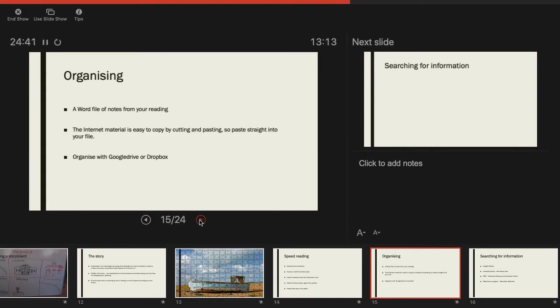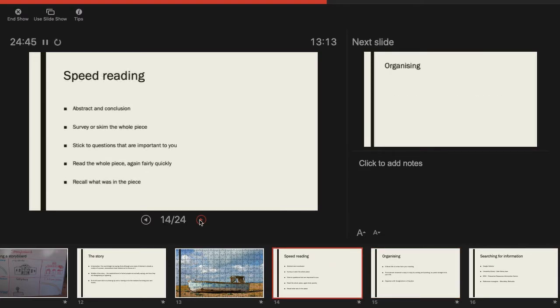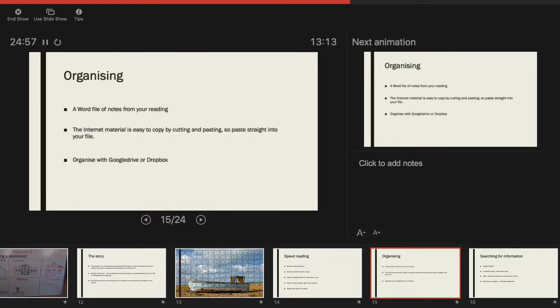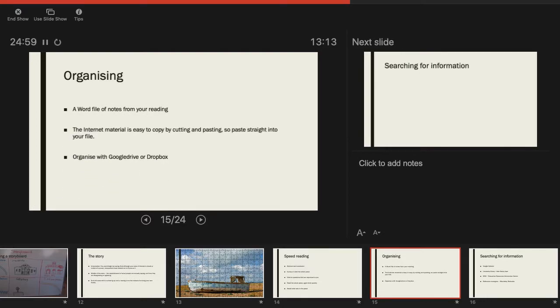So that's just important with regards to organizing, and it ties in with what I mentioned earlier about recalling what was in the piece, because once you've included the important parts in this Word document, you can always recall what that author said.